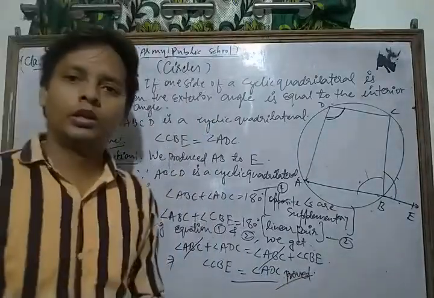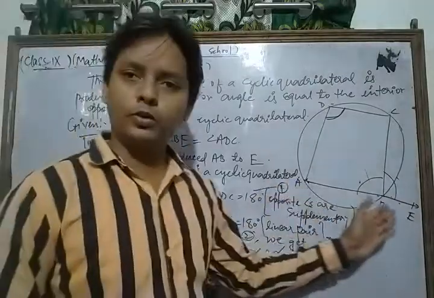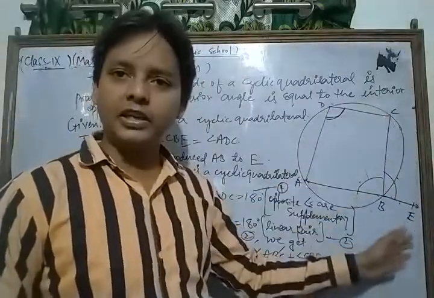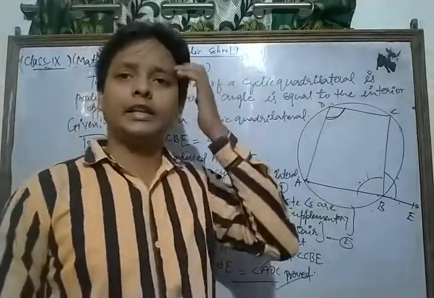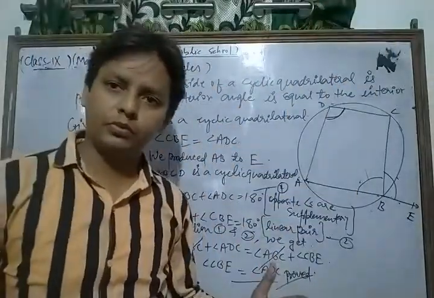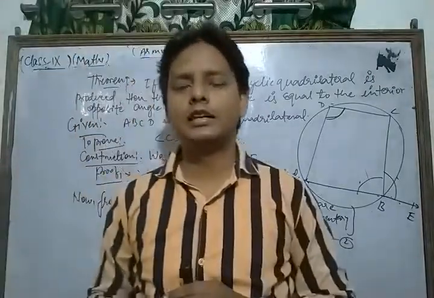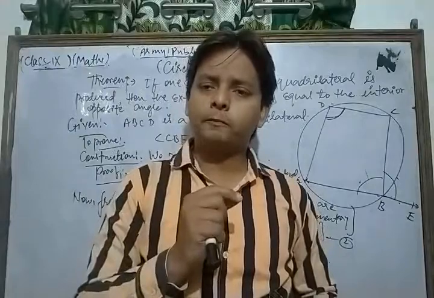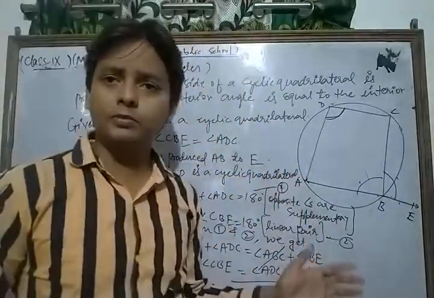Okay, dear friends, so in this way we can say that if one side of a cyclic quadrilateral is produced, then the exterior angle so formed is always equal to its opposite interior angle. So in this way, dear friends, you can prove each and every question and theorem of your NCERT exercise related to your topic circle, and solve so many questions based on this property.